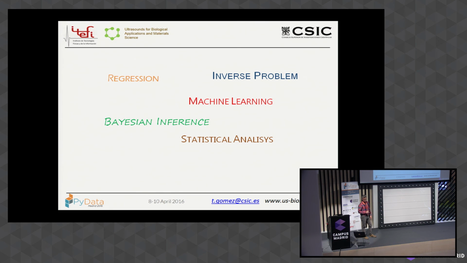Depending on the kind of information we want to extract, the application, and the complexity of the problem, we can use regression techniques, machine learning, Bayesian inference, statistical analysis, or it can be an inverse problem. This list can be much, much longer, as you can imagine, but just to mention a few cases.